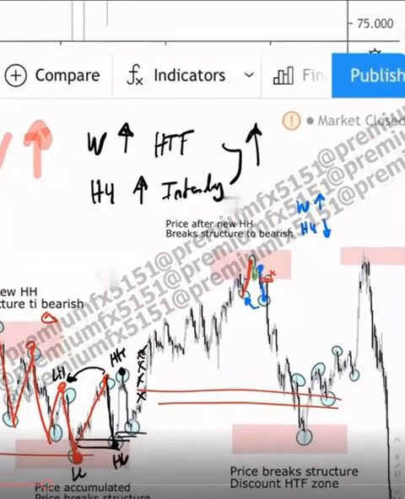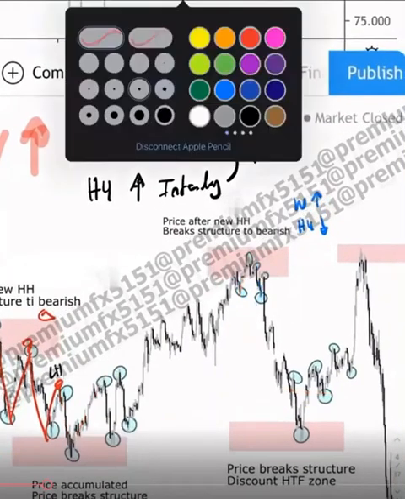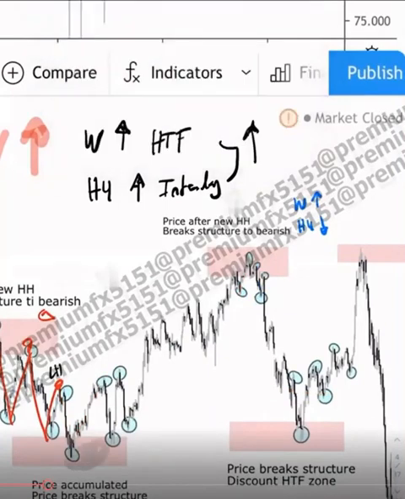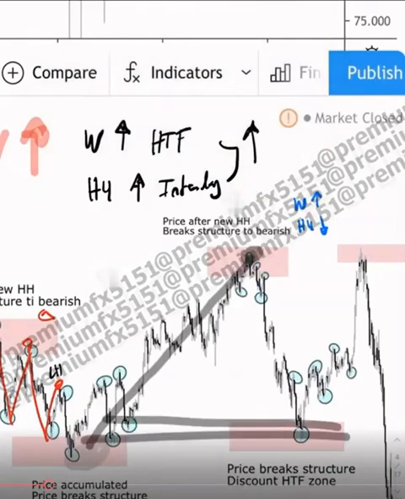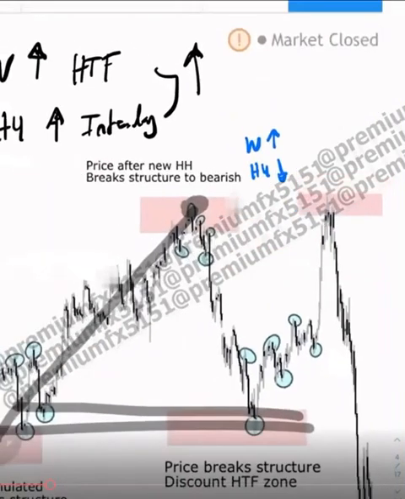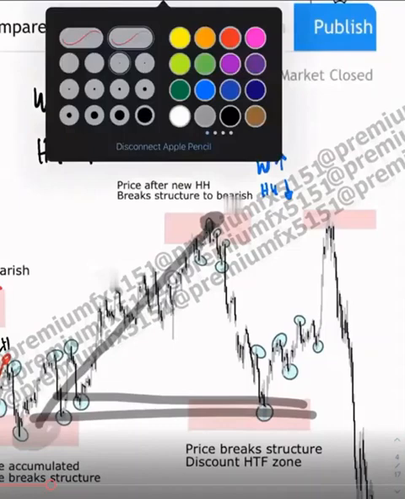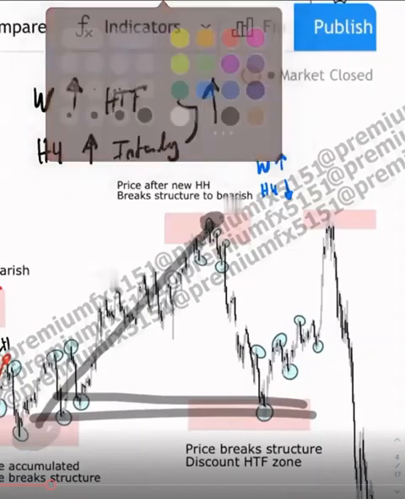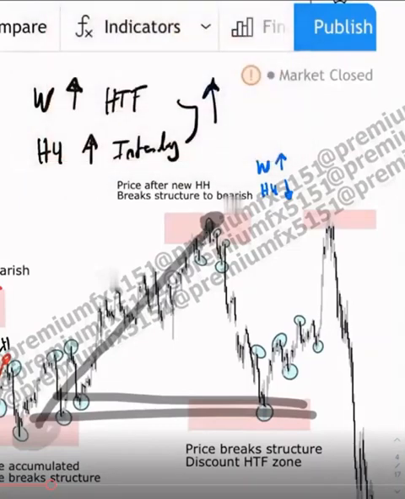We understand that overall, this point here was my weekly push. So when we come to certain levels, I'm just waiting for what? For the market to tell me that it wants to go to the upside. Because if H4 continuously creates new lower highs and new lower lows, this will create a break of a structure.